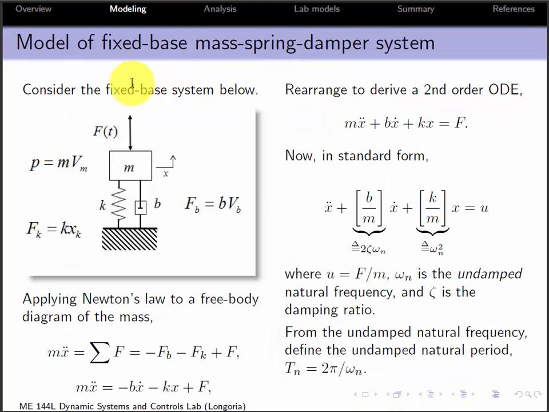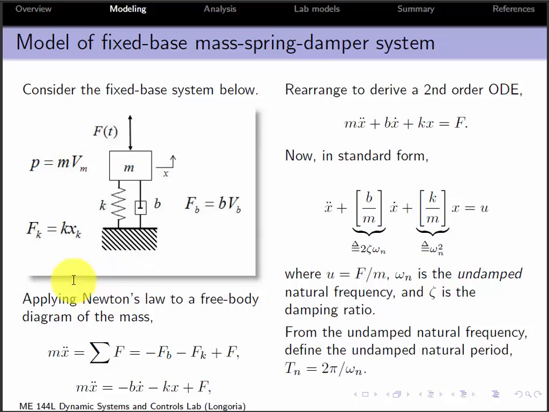Now let's look at the model for the fixed base mass spring damper system. I'm assuming this is a pretty well-known model to you, something that you've seen in physics classes and dynamics and so on.